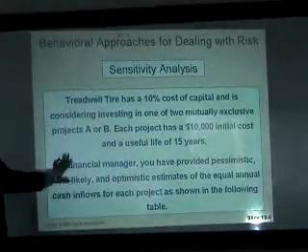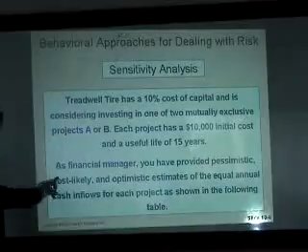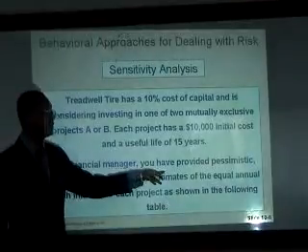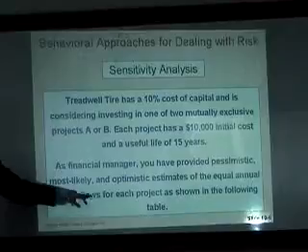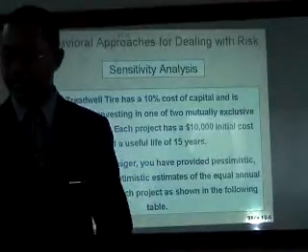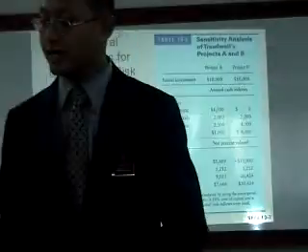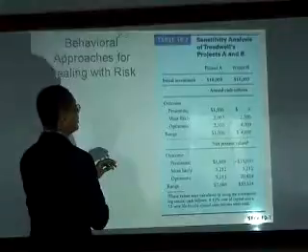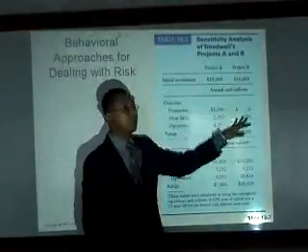As a financial manager, you have provided pessimistic, most likely, and optimistic estimates of the equal annual cash inflow for each project, as shown in the following table. Now we look at the table, which is presented here. So these are the annual cash inflows.